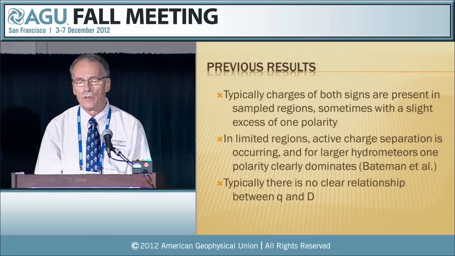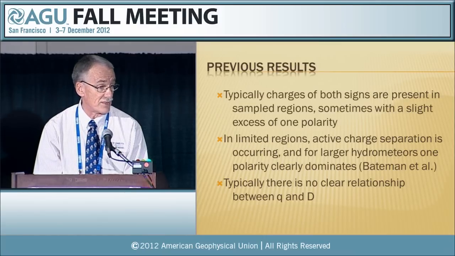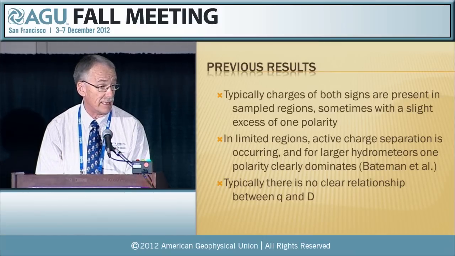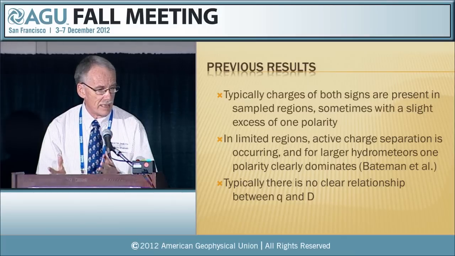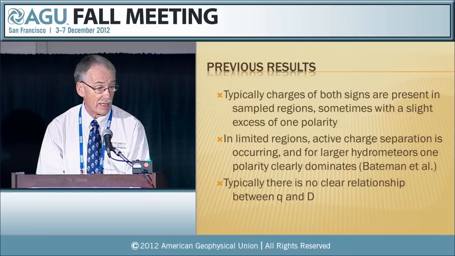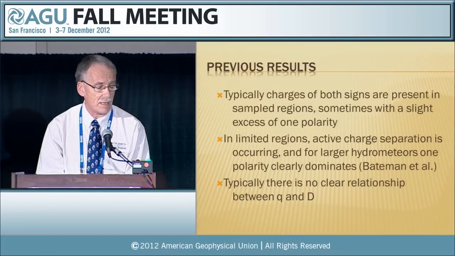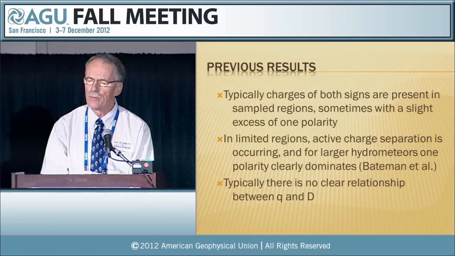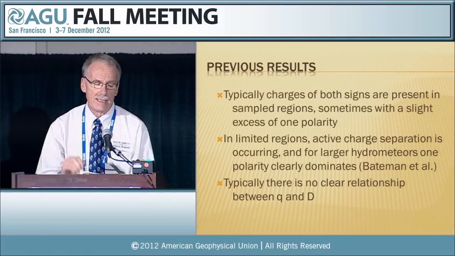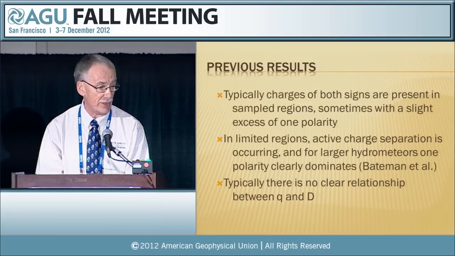The prior work has shown that typically there are charges of both signs present in most of the regions that are sampled, although occasionally, and in particular regions of storms, you find net charge of one sign or the other. And Bateman, in his work, hypothesized that when you're in a region of active charge separation, you should get a definite net polarity in a region.